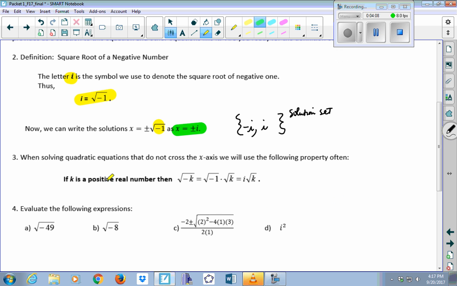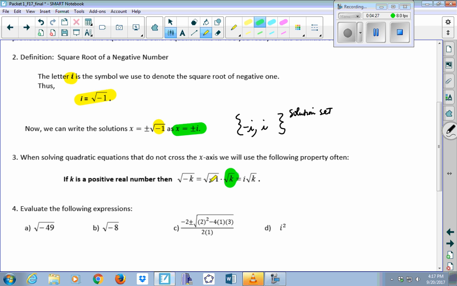If k is a positive real number, then the square root of the opposite of k can be written as the square root of -1 times the square root of k. Now remember, k is a positive real number, so this square root exists in our real number system.